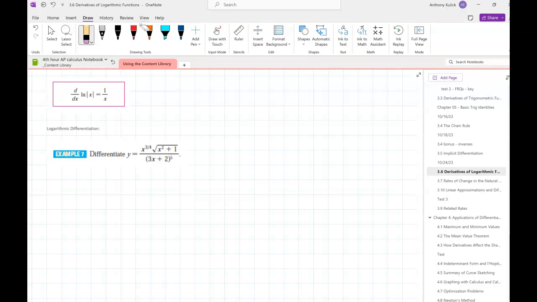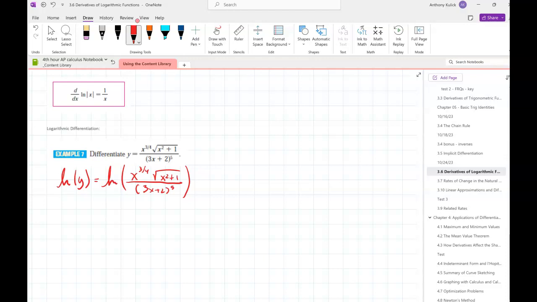So here's the trick if you want to go this route. What if I start by taking the natural log of both sides? That's okay to do, right?